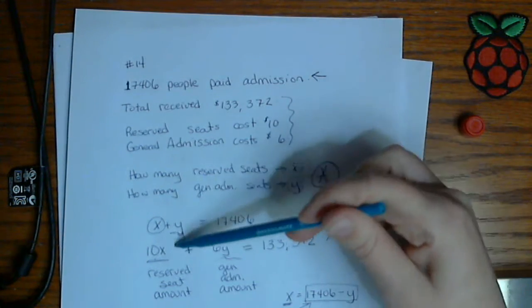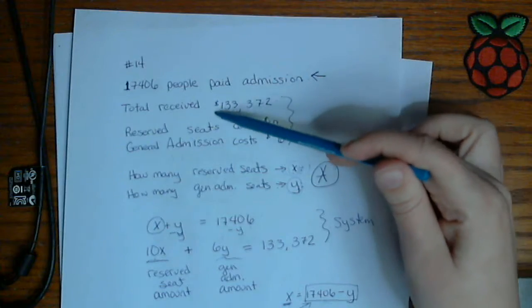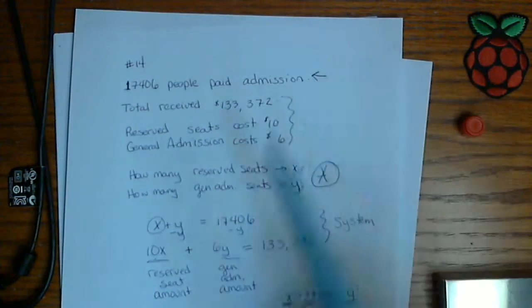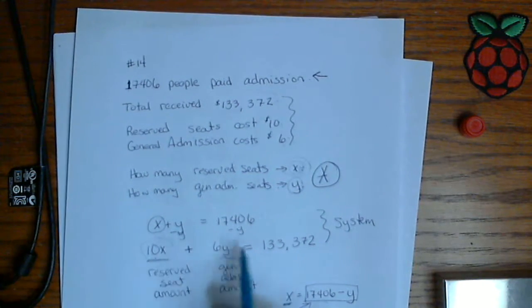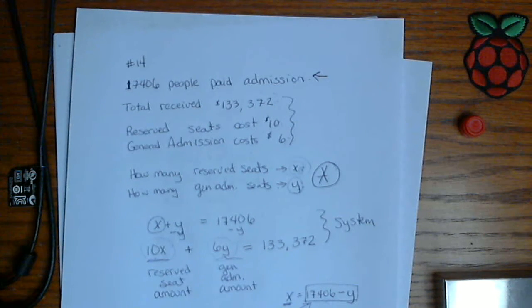And that when we added those two amounts together, we had to come up with the total received there. Each one of these things, 10 times x and 6 times y, is a linear function. And when we add those two linear things together, we're still going to get another linear function. So that works out pretty nicely.